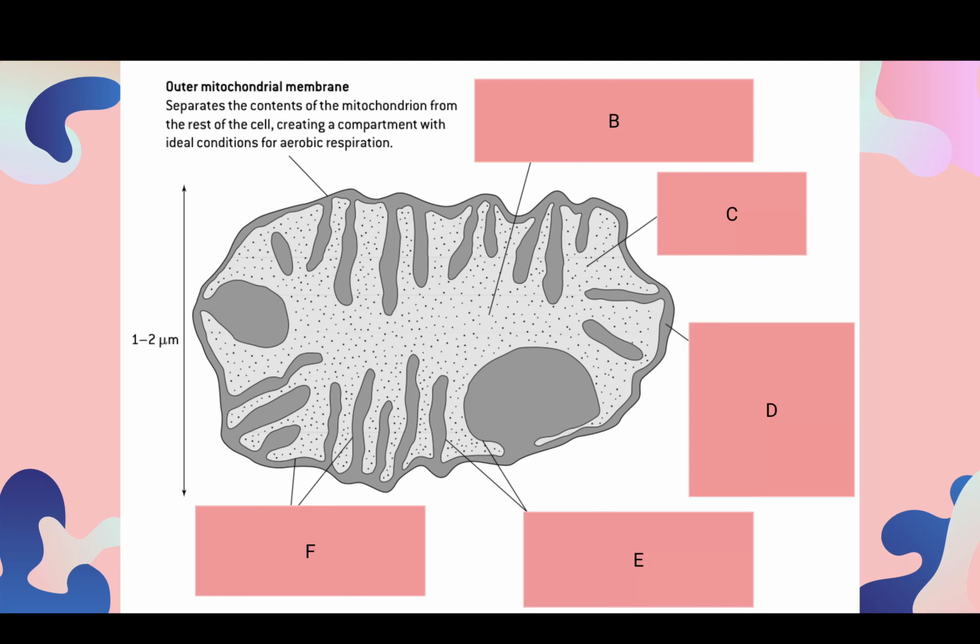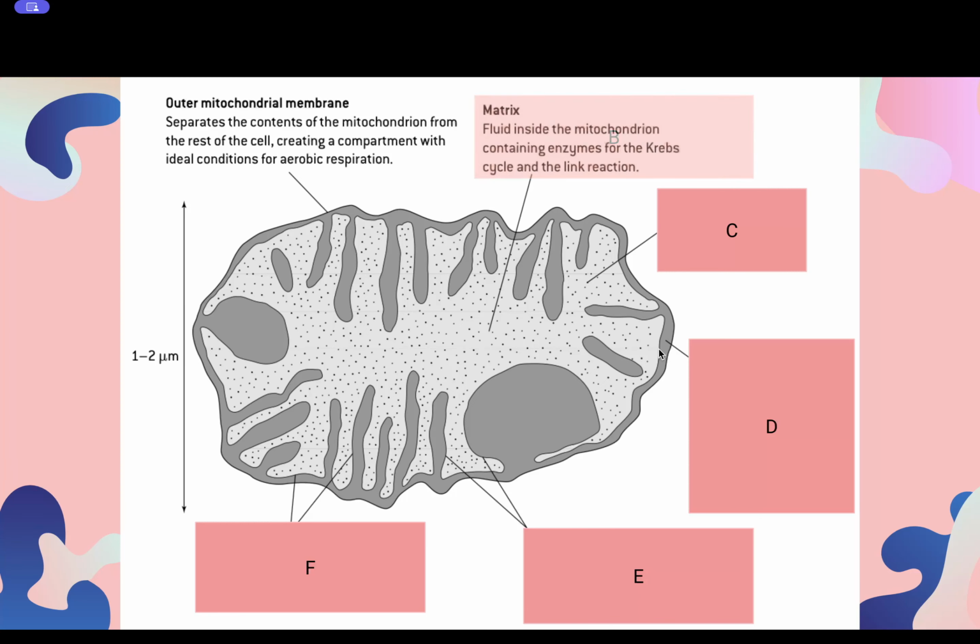Okay, so. The second one is the matrix. So the matrix is what contains the enzymes for both the Krebs cycle and the link reaction, because that's where both of those processes happen. The small dots are the 70S ribosomes. That doesn't really matter.